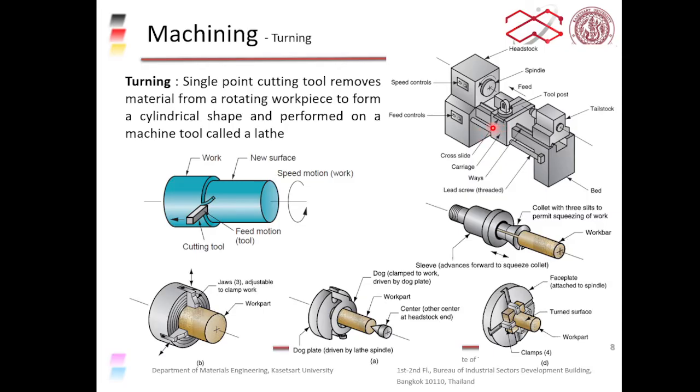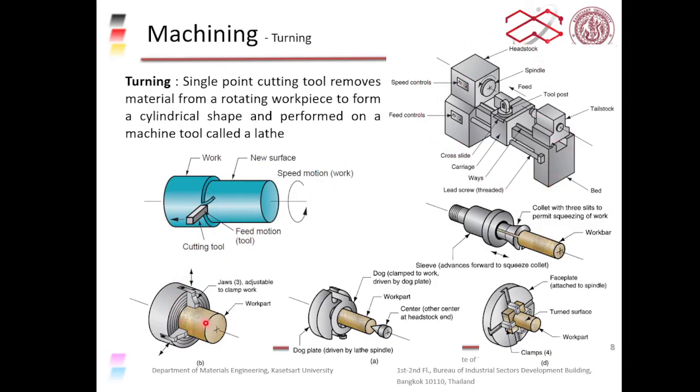We are using a single cutting edge tool to remove excess material by rotating the workpiece, and then moving the cutting tool to produce the cylindrical shape that we want. This machine is called a lathe.